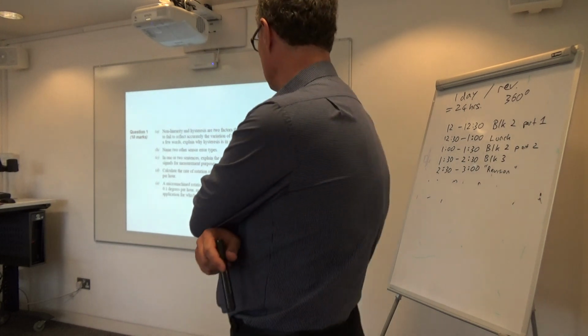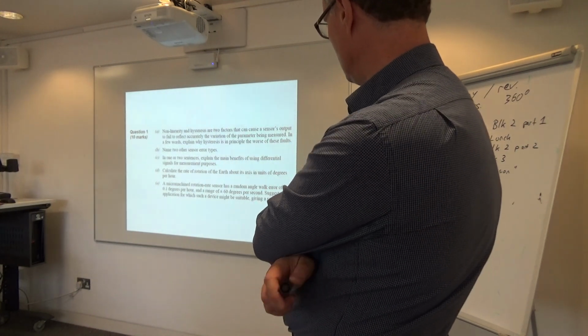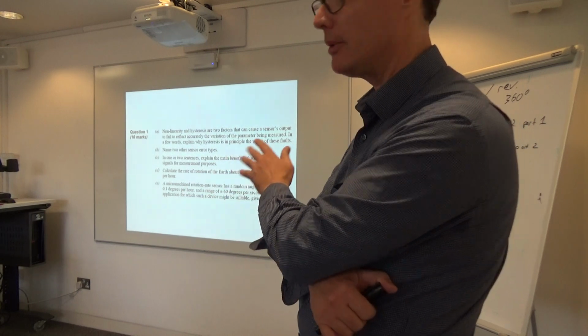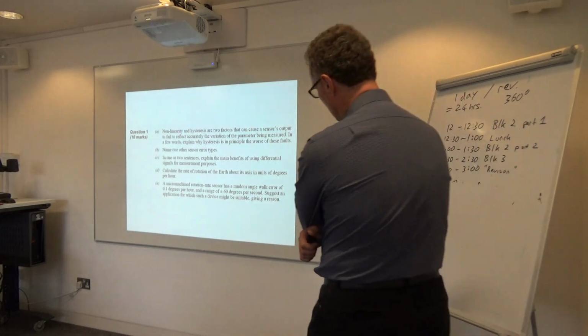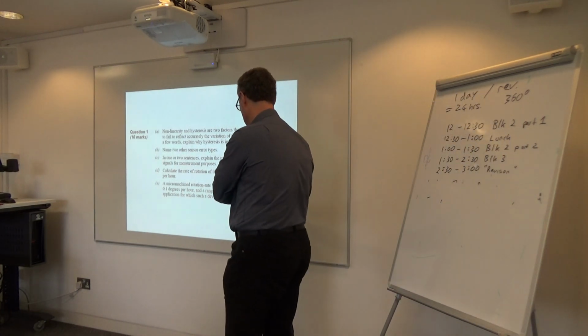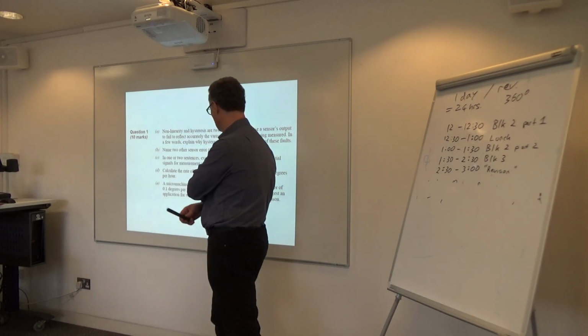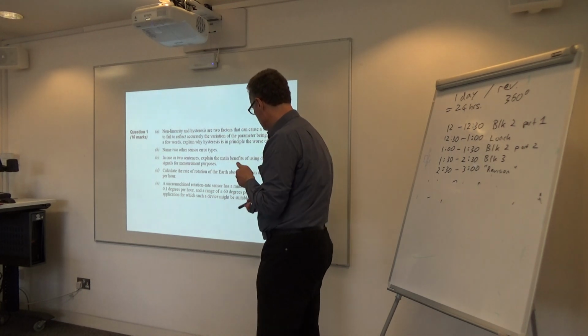What about part C then? We've got a micro machined rotation rate sensor. I haven't got a clue what the answer is for this, by the way. And it does a random walk. It collects an error really of 0.1 degree per hour. So it's kind of got a hysteresis effect. It's got a range of 60 degrees per second.